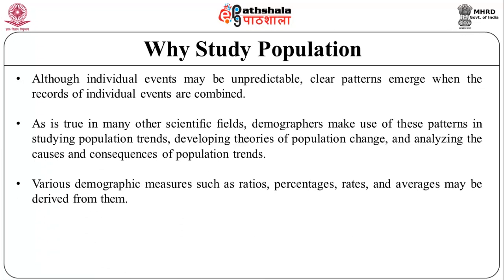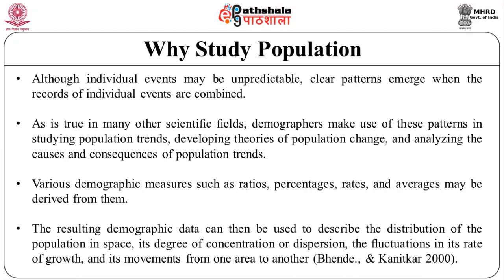Various demographic measures such as ratios, percentages, rates, and averages may be derived from them. The resulting demographic data can then be used to describe the distribution of the population in space, its degree of concentration or dispersion, the fluctuations in its rate of growth, and its movement from one area to another.